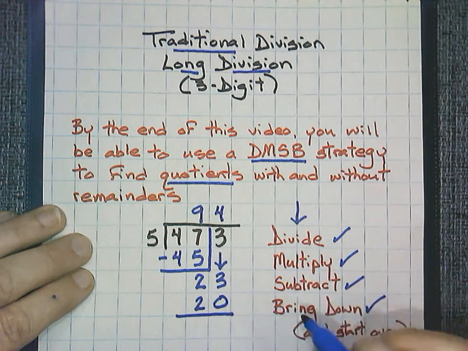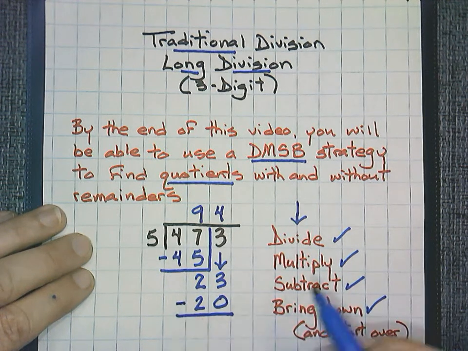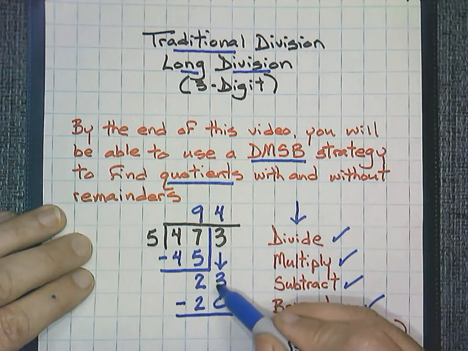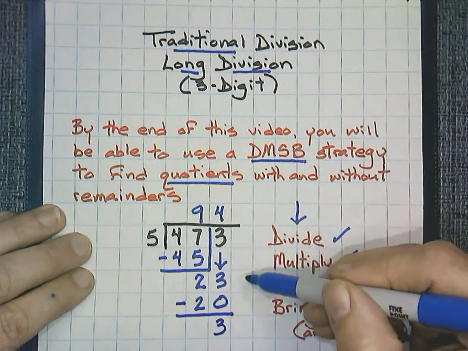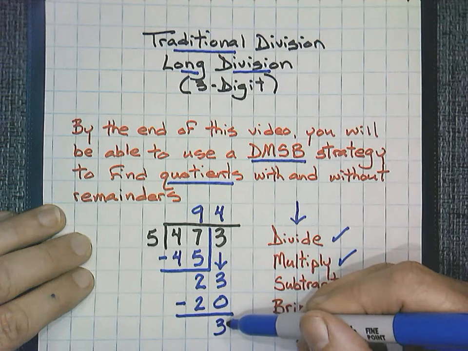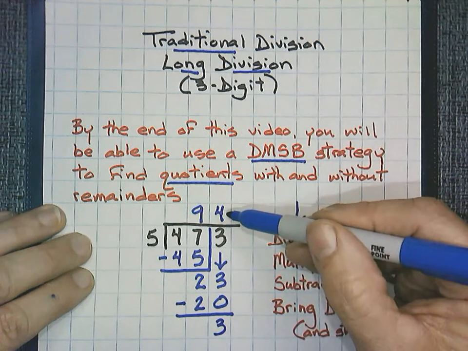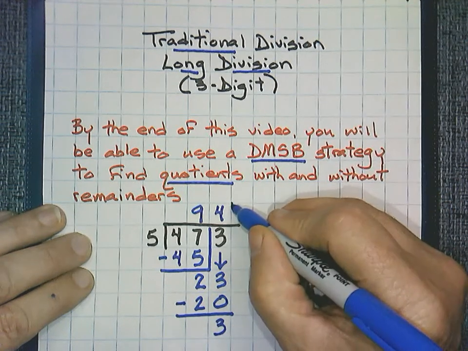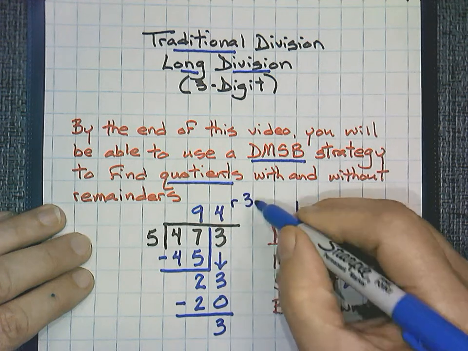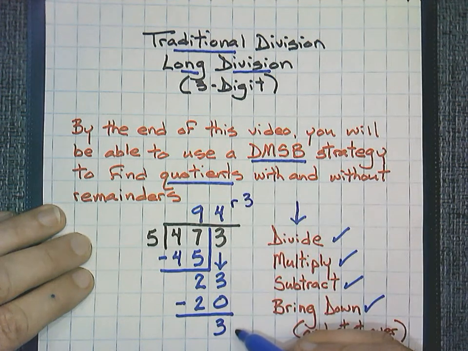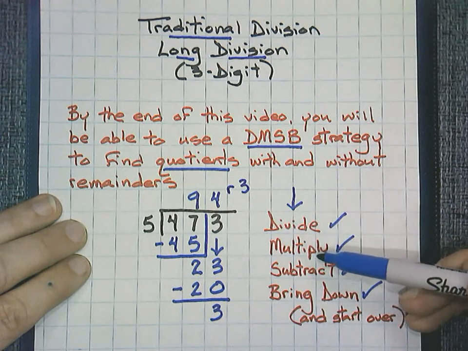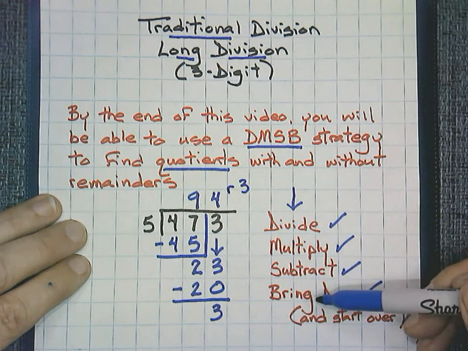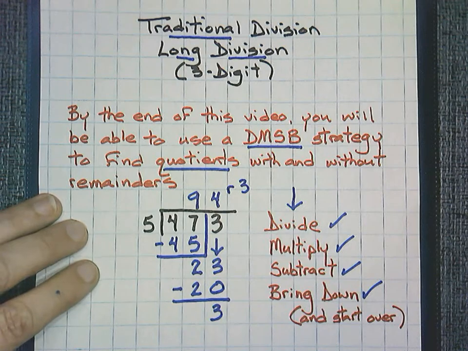And to find out how close, we're going to subtract. 23 take away 20 is 3. There are no other numbers to bring down, so our quotient is going to be 94 with a remainder of 3, using a divide, multiply, subtract, and bring down and start over strategy.